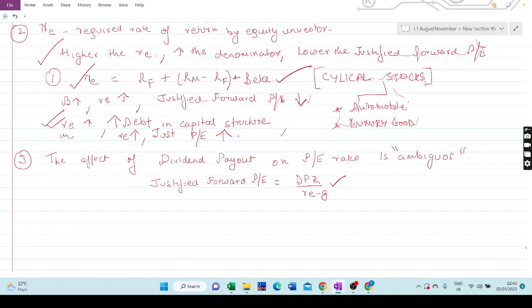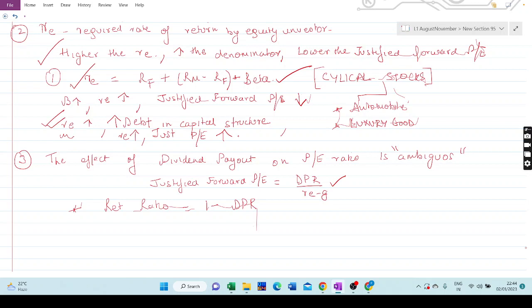dividend payout ratio is not directly related to your justified P/E ratio. Now, why? In the previous class, we studied that the retention ratio is equal to 1 minus the dividend payout ratio.